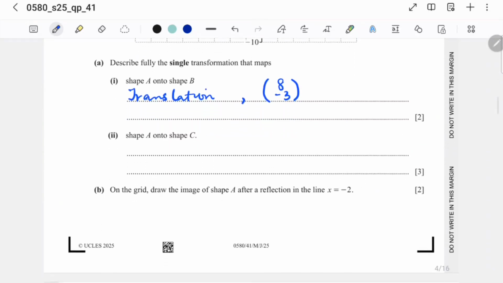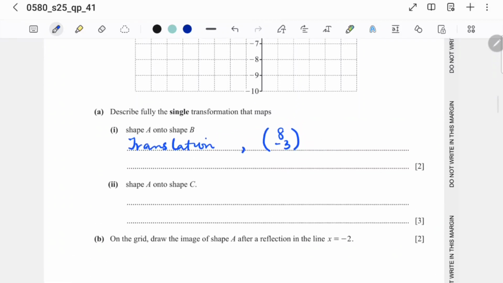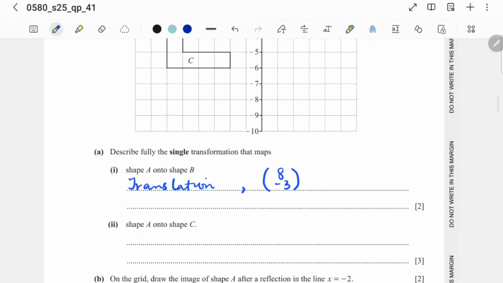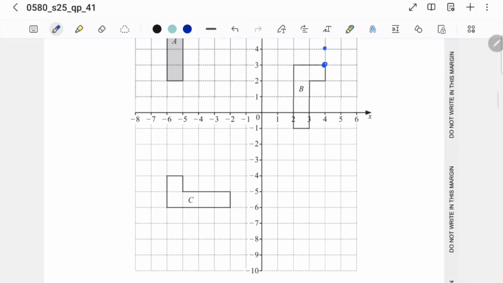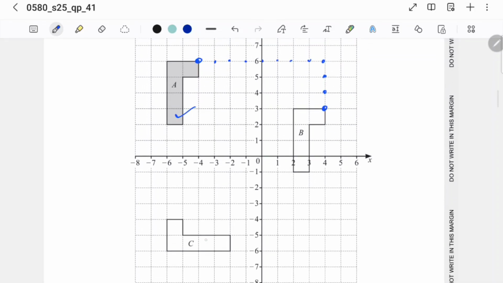Okay, part 2 is shape A onto shape C. We have to describe fully the single transformation that maps shape A onto C. Shape A is the object and shape C is the image.